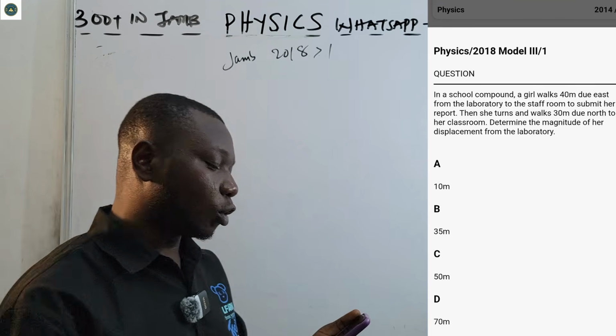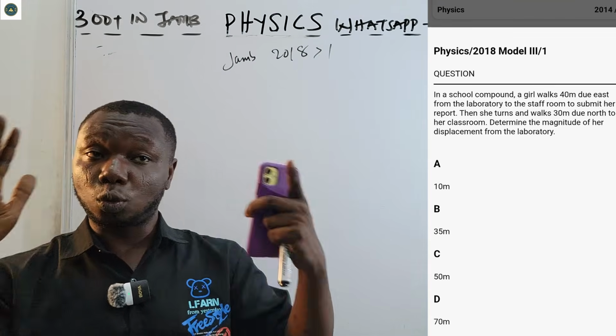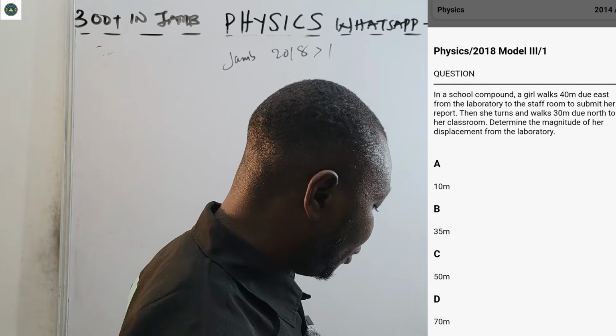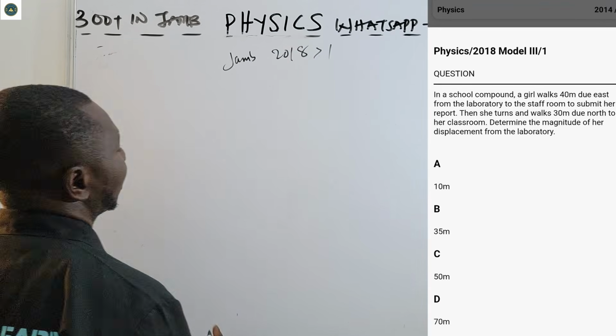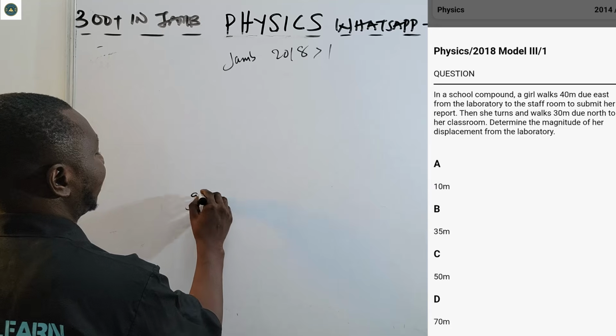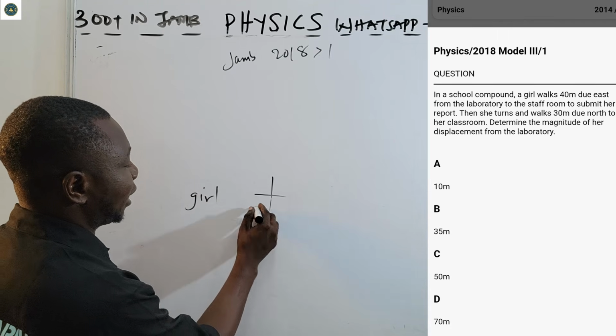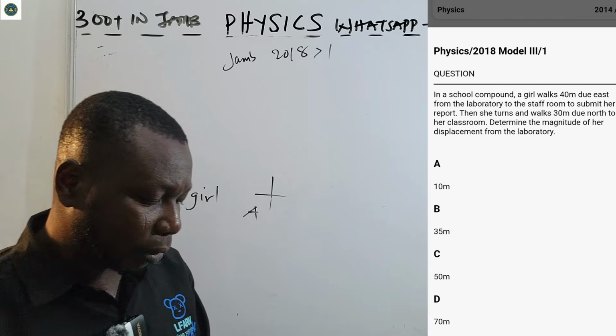Now, he said, in a school compound, a girl walks 40 meters due east. So let's assume this is the school compound. The girl is somewhere here at point A in the school compound.